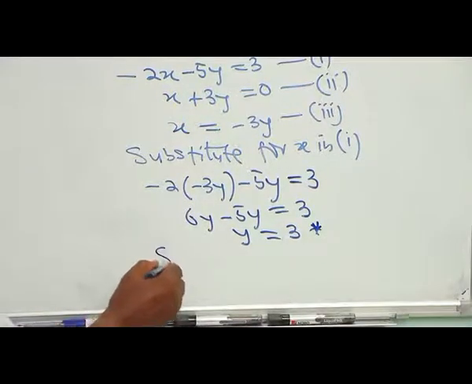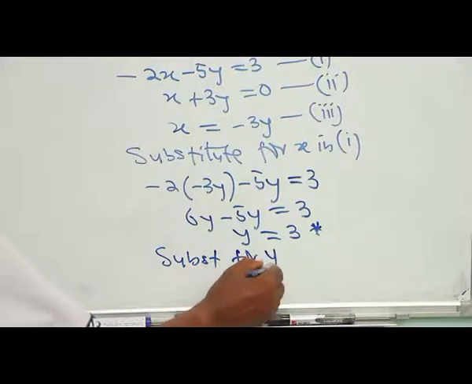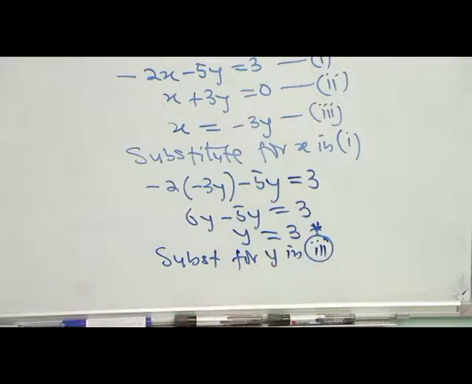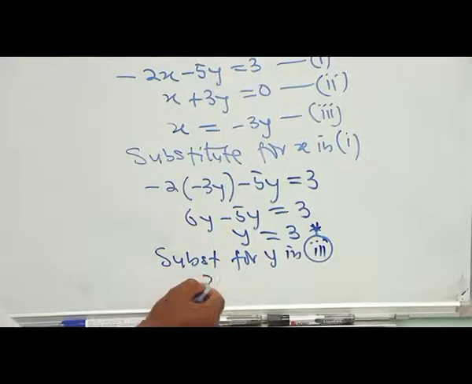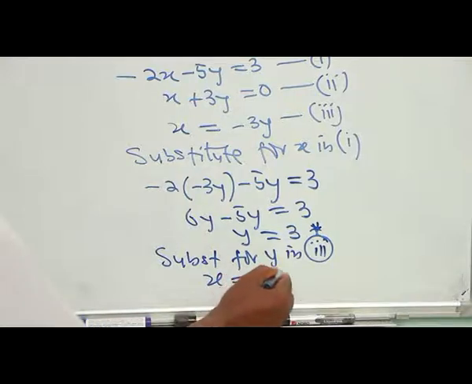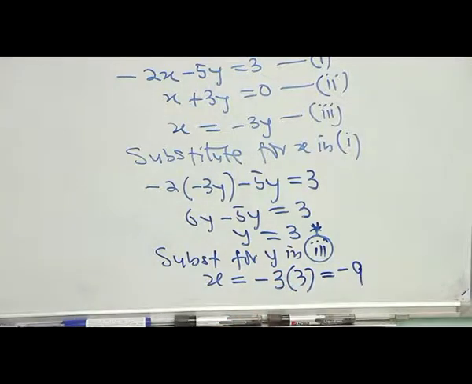What do you do again? Substitute for y in the derived equation you had, which is s equal to that. So our s will be equal to minus 3 times y, and our y is 3, and the result is minus 9.